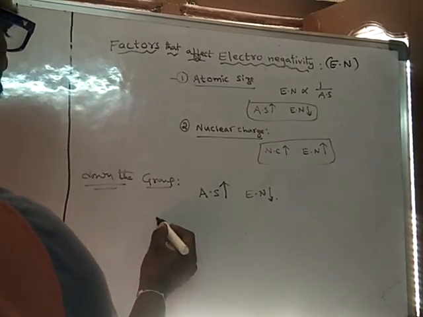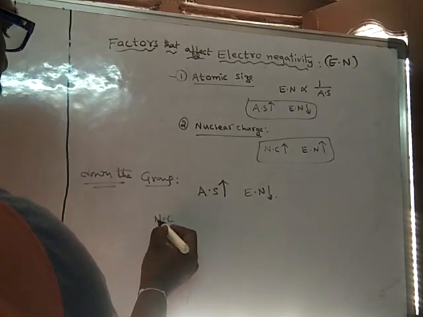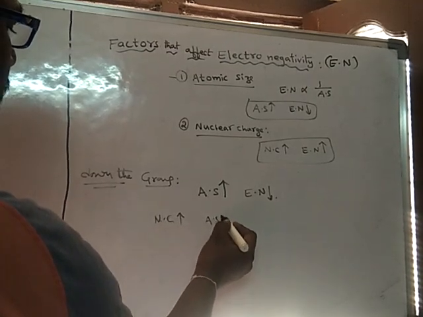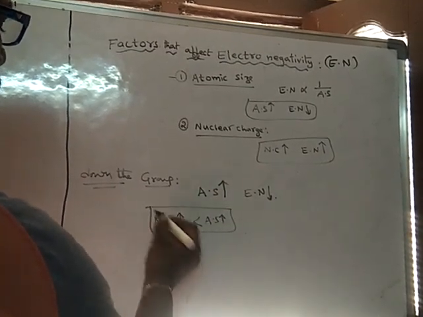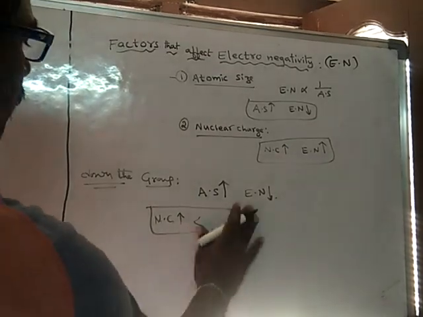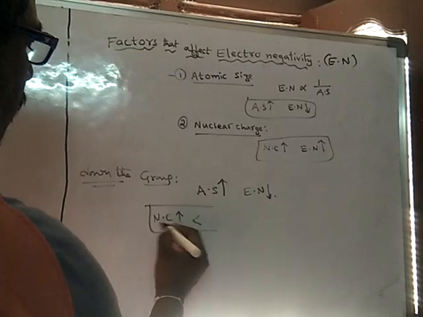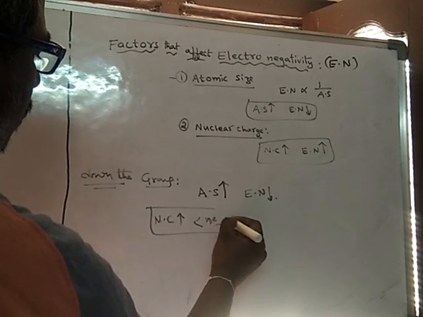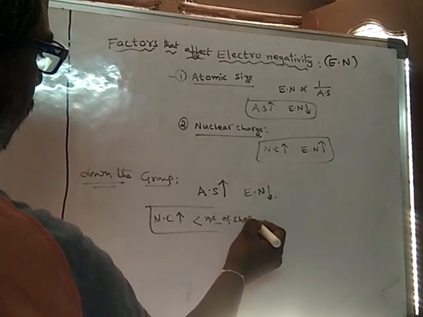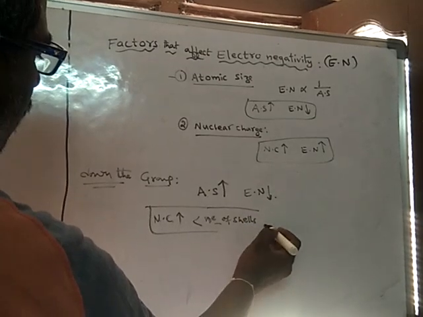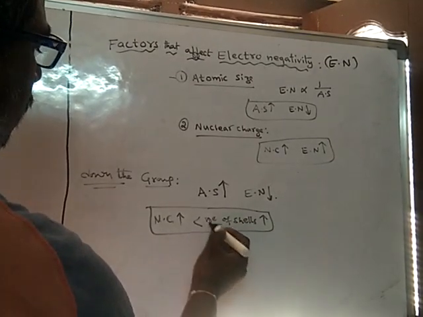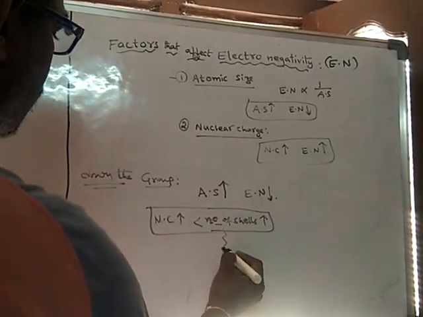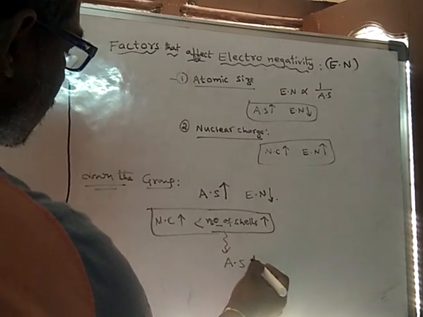Here, when compared to the increase in nuclear charge, the increase in the number of shells is dominating. As the increase in number of shells dominates, atomic size increases.